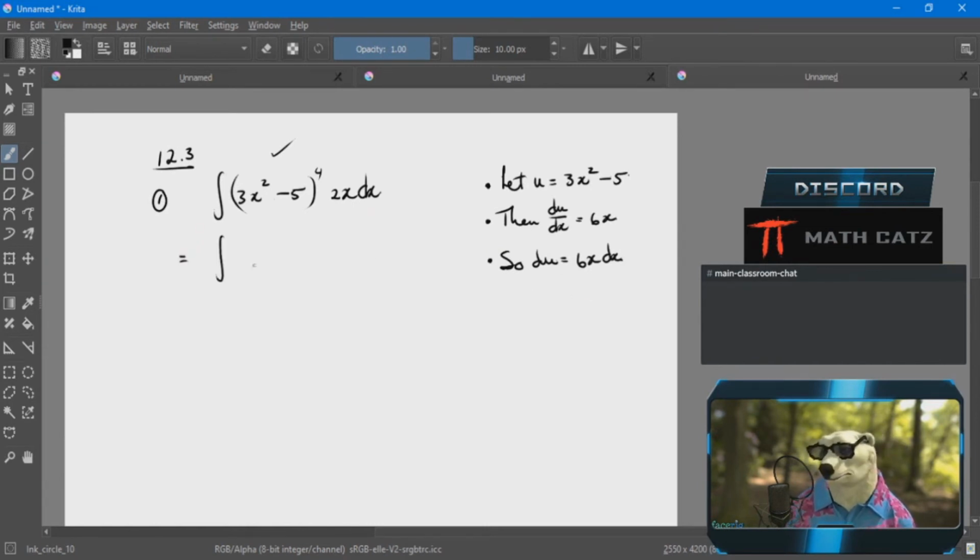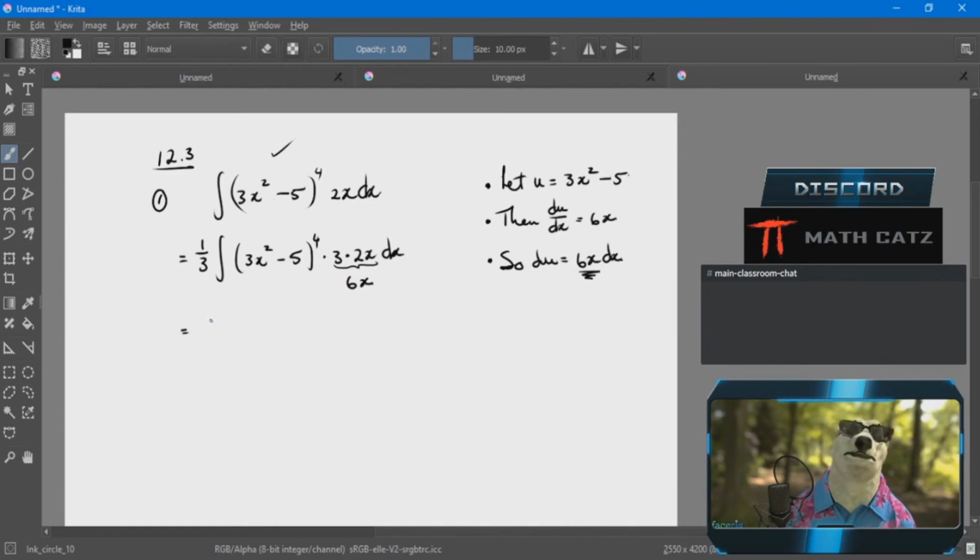So I need to bring in a 3 times 2 to make a 6. I'll write them separately. I need to bring in a 3 times 2. That's already there. And I need to pay the price to do that. Then this becomes 6x that I need.